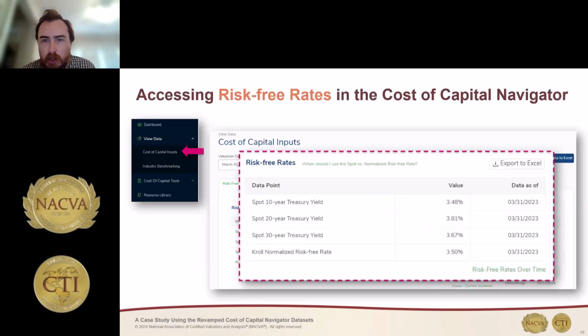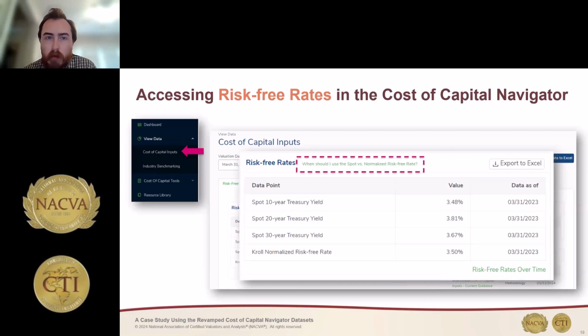And if we get a closer look here, we can see exactly the risk-free rates that are being offered up for the United States. We have a couple different spot yields, and then we have the Kroll normalized risk-free rate. Now, one key thing you might want to point out is this link here. When should I use the spot versus normalized risk-free rate? Not all inputs for calculating cost of equity, right?